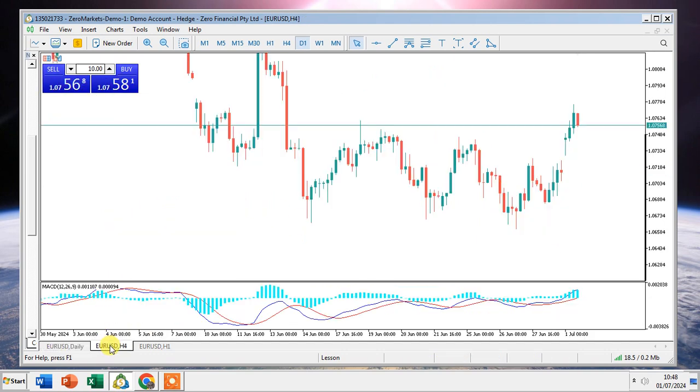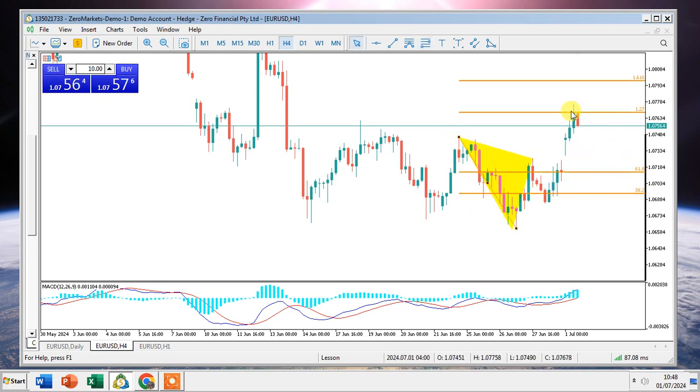I'm using the 4-hour time frame and see what we got here. The first thing you can see is a butterfly sell forming. So this would be the left wing, and then we measure the swing.